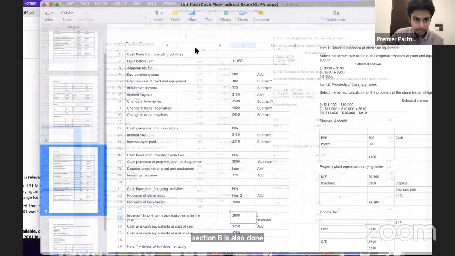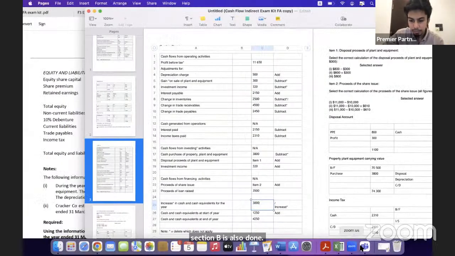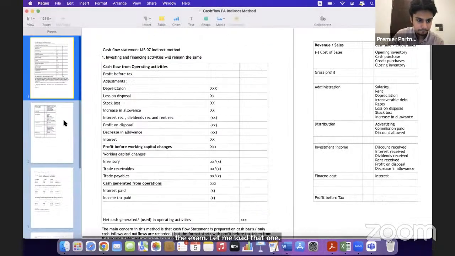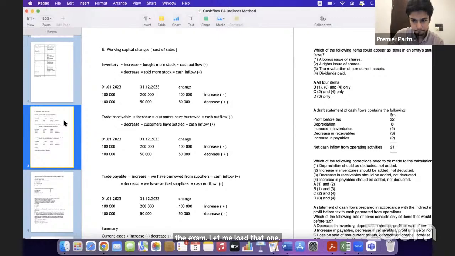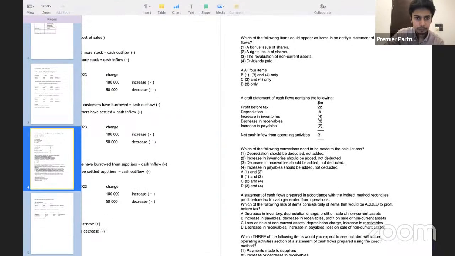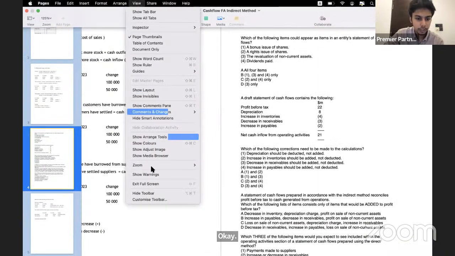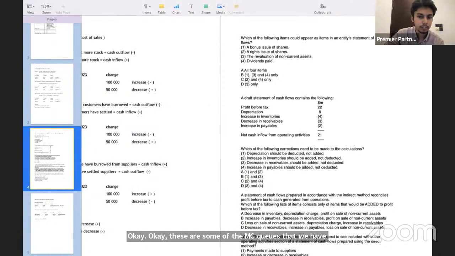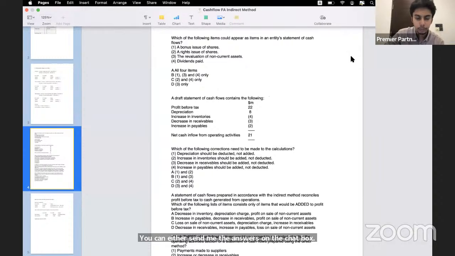So these are some of the MCQs that we get in the exam. Let me load that one. You can either send me the answers in the chat box, or maybe you can answer it to yourself.